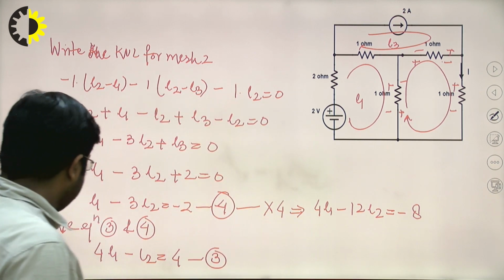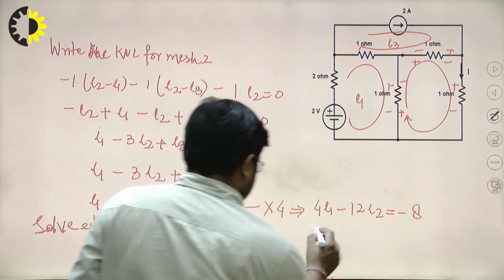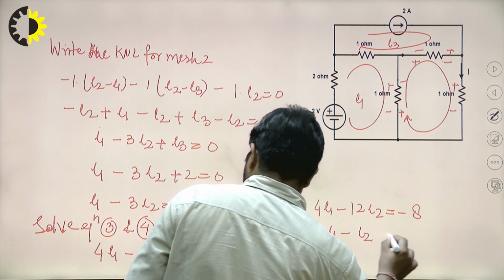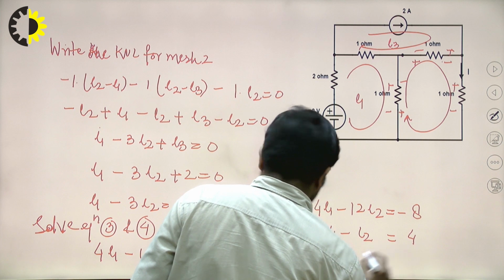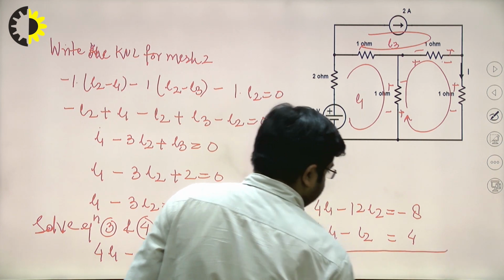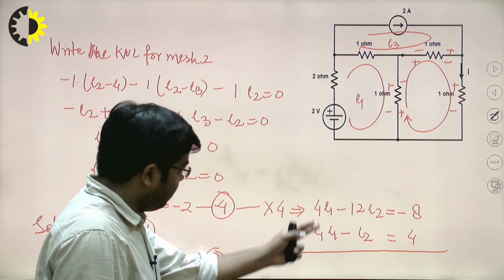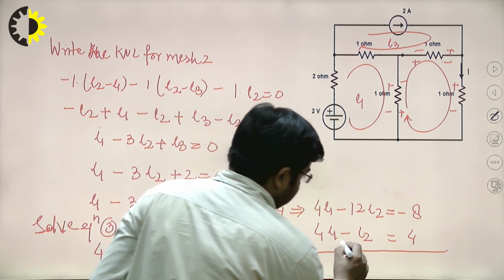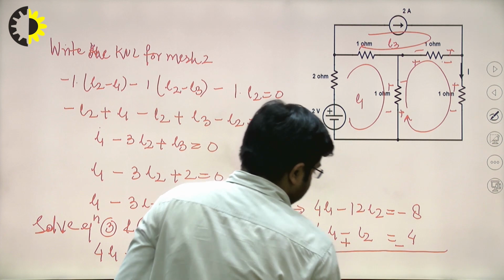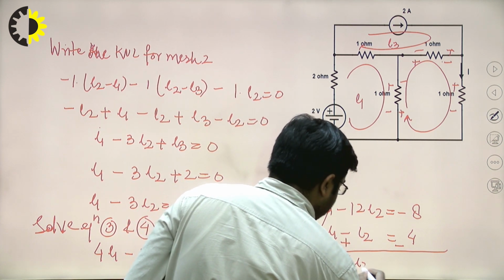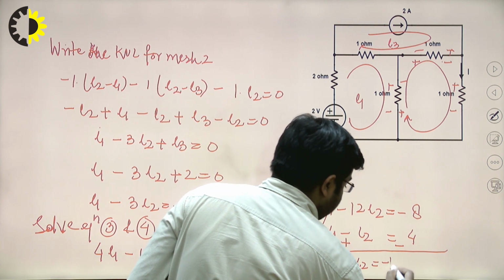Okay. Now you can write equation number 3 here. 4I1 minus I2 that is equal to 4. Now subtract equation number 3 from 4. Minus plus minus. So this will get cancelled out. This will be minus 11I2 that is equal to minus 12.